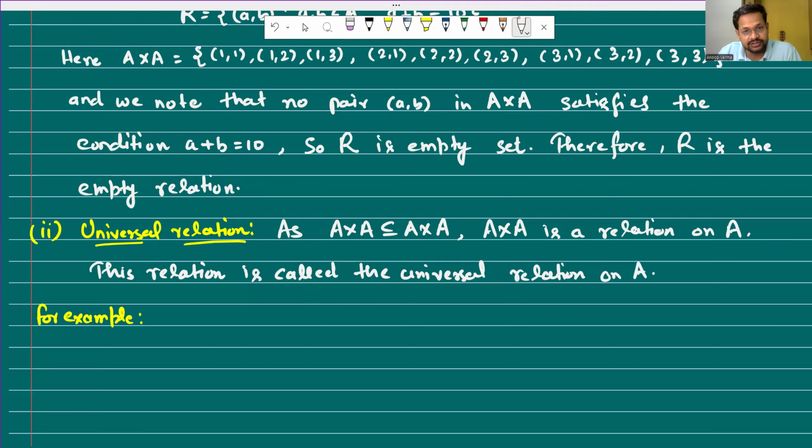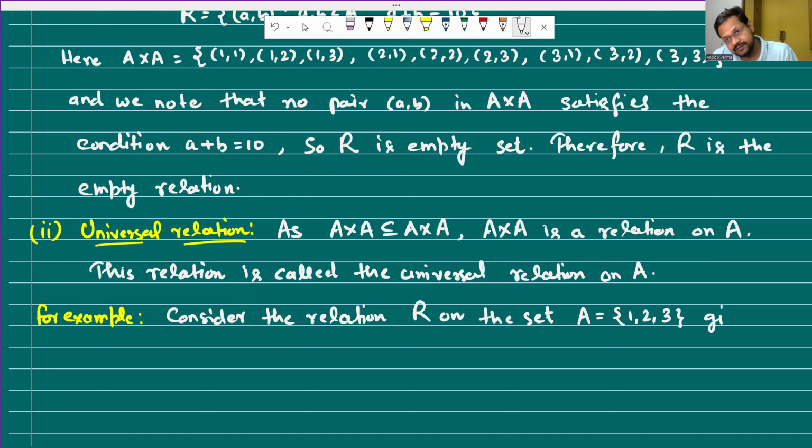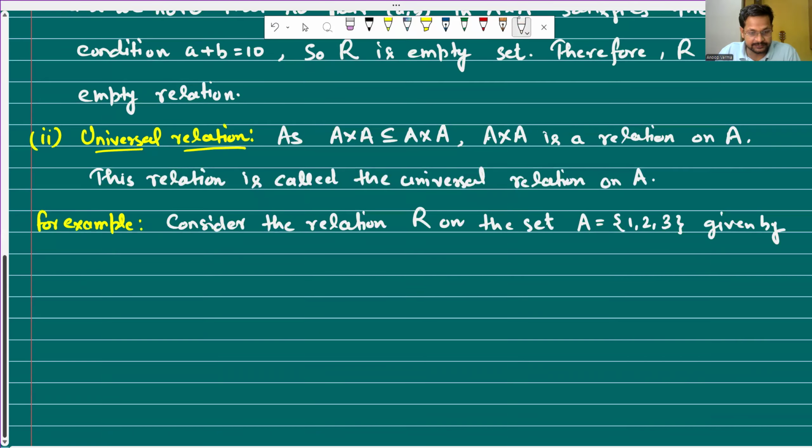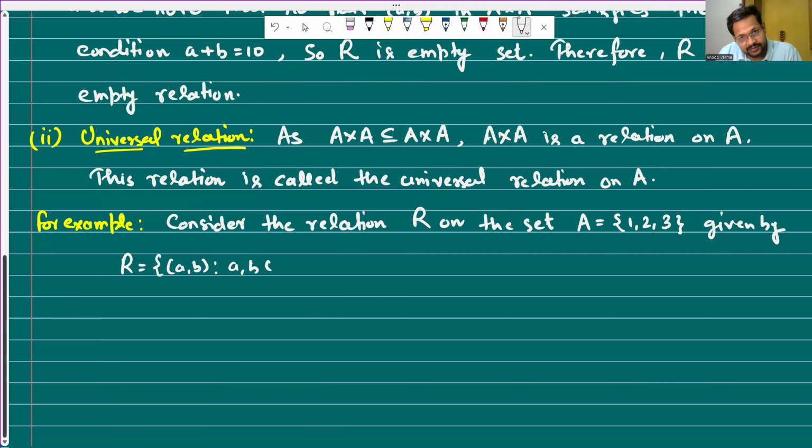Okay, we take the same set A. So let's write here: consider the relation R on the set A, that is {1, 2, 3}, given by, let us define the relation this way. R is the set of pairs (a, b) such that a, b are elements of A and the modulus of a minus b is greater than or equal to 0. We know that for any pair, if we take the difference and its modulus, it is always non-negative. This means every pair from A cross A will satisfy this condition, right? So this collection R will be a universal relation that contains all the elements from A cross A.